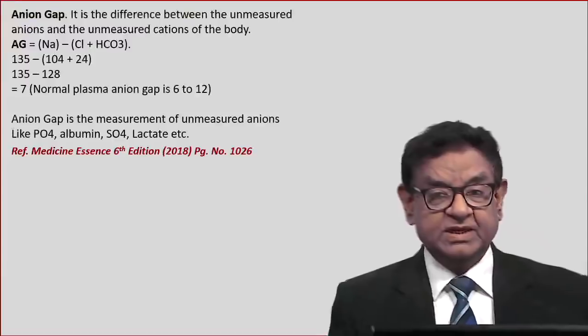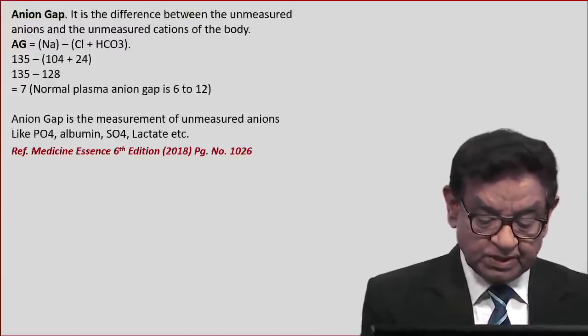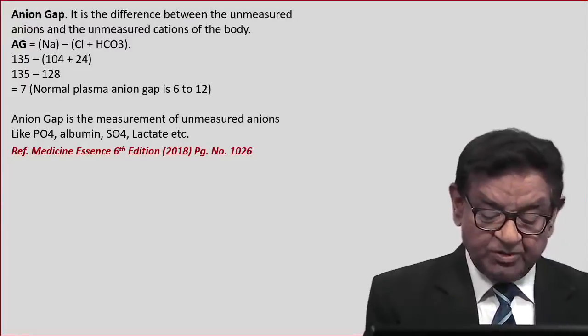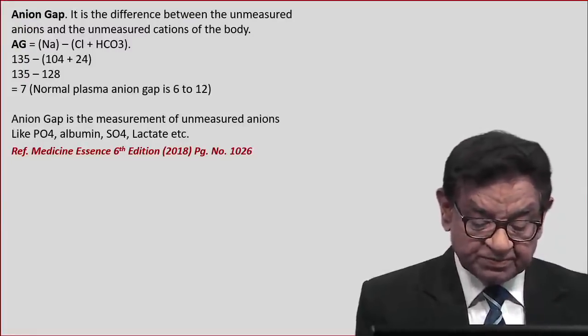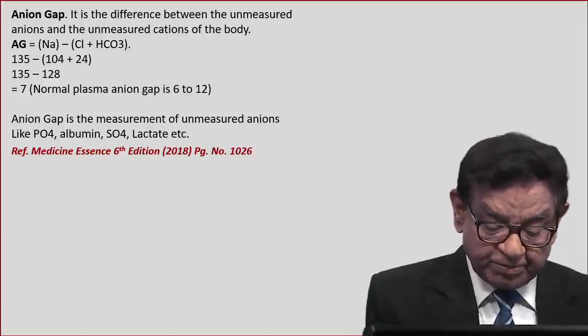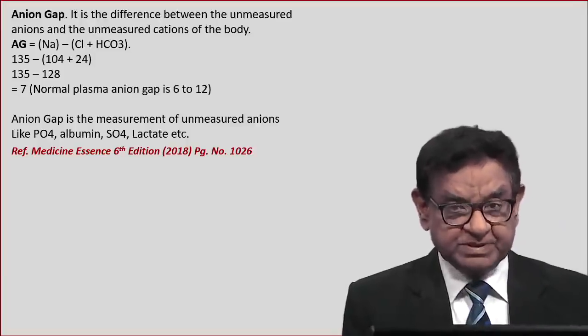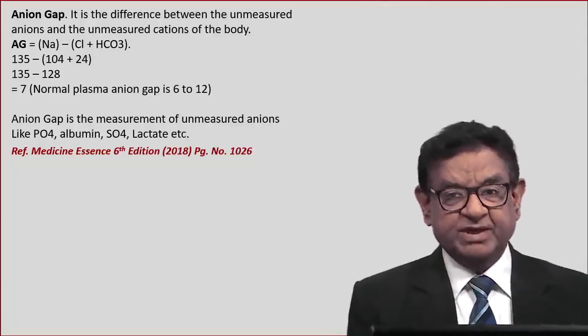So for that, let's learn the basic concept about anion gap. How do we calculate the anion gap? Sodium minus chloride plus bicarbonate. But before I proceed further, in this equation I have taken only sodium.